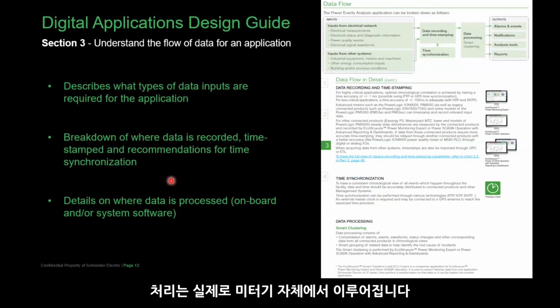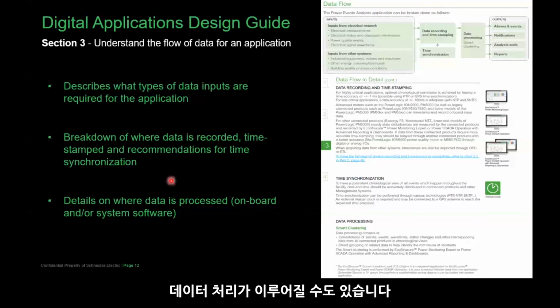So the processing is actually done onboard the meters, right? But there's another way, where the data is processed at the software layer, which means all the data comes in as raw data, and you just put a formula in the software to do all the calculations. So there are two different ways of doing it.